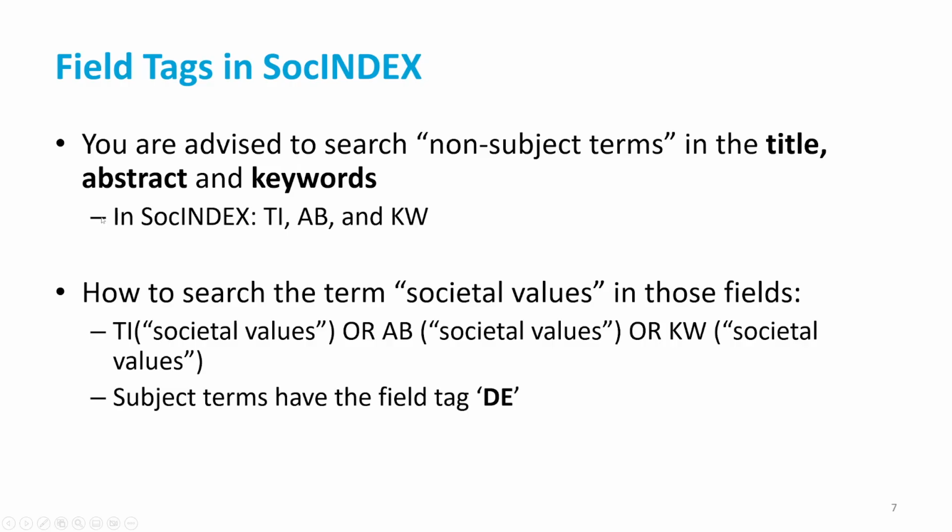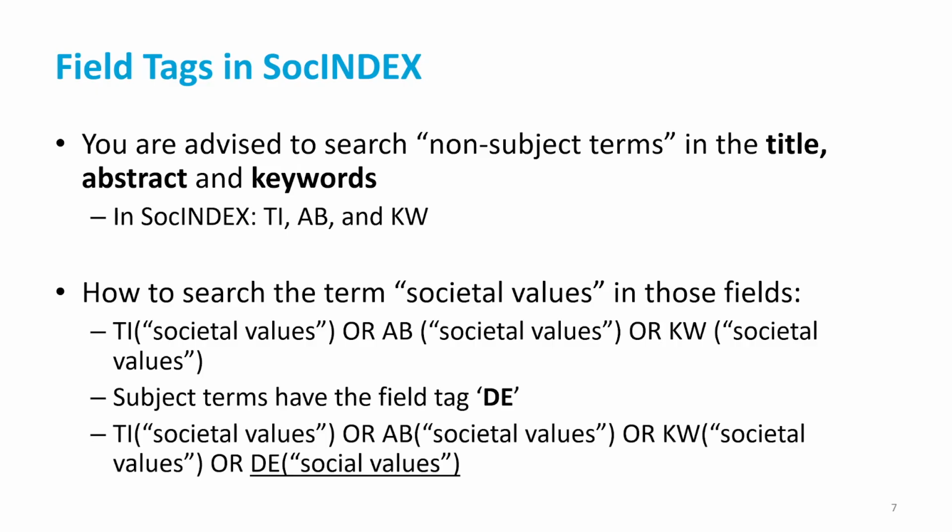Additionally, subject terms have the field tag DE. So this means if you want to search the subject that we just found in the subject overview alongside these societal values terms, then it would look like this, where we have TI, societal values, or AB, societal values, or KW, societal values, or DE, social values.